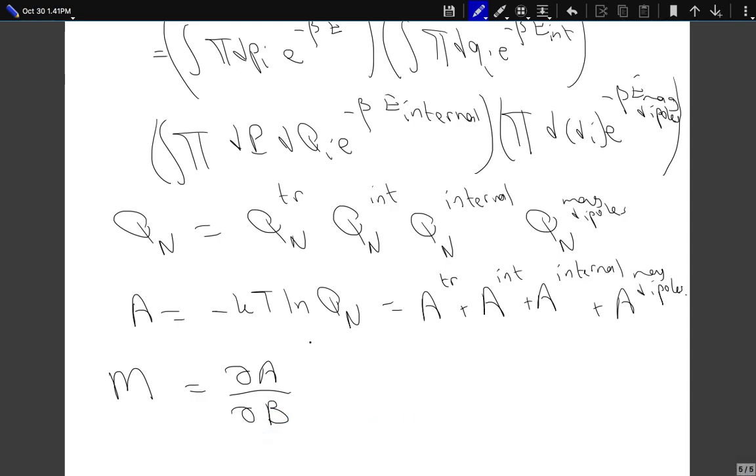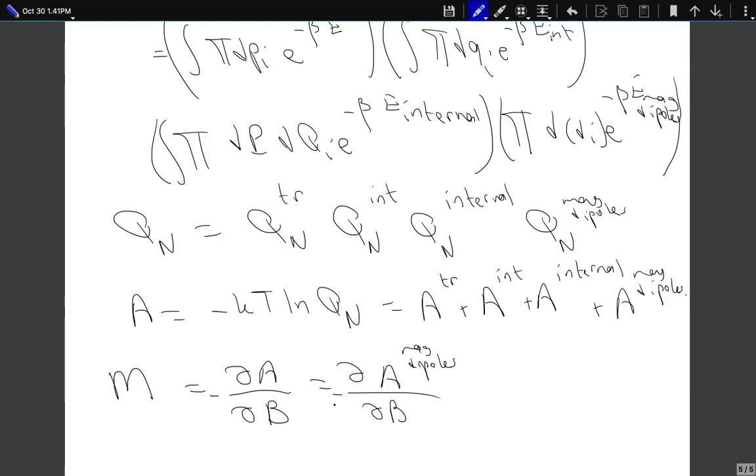But you see, yes, there's a minus. Only the magnetic dipole term depends on the magnetic field. So if you are interested in the magnetization, you don't need to calculate all the free energy.